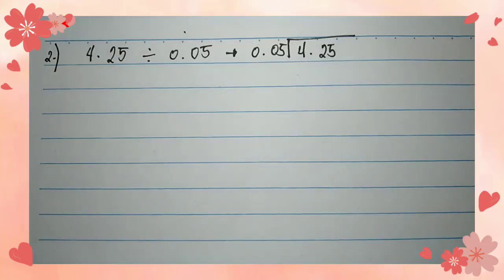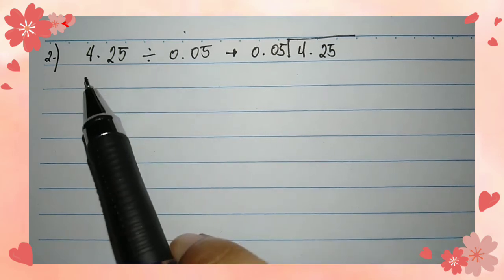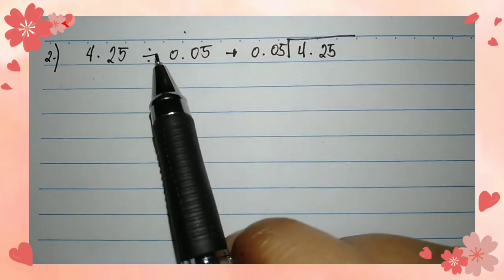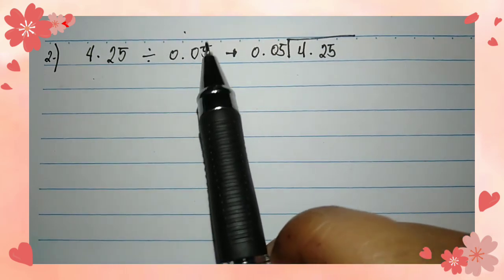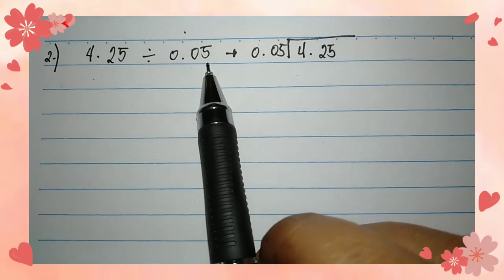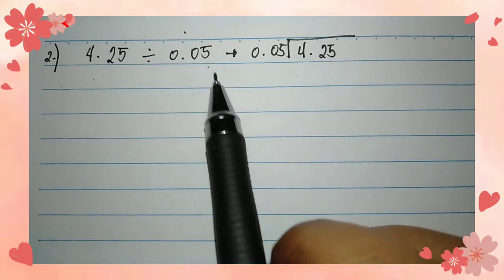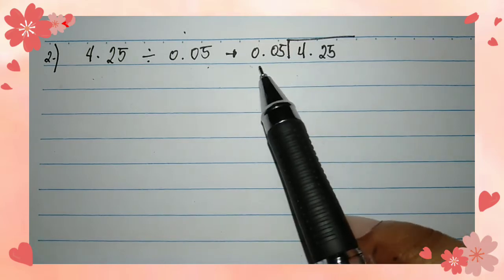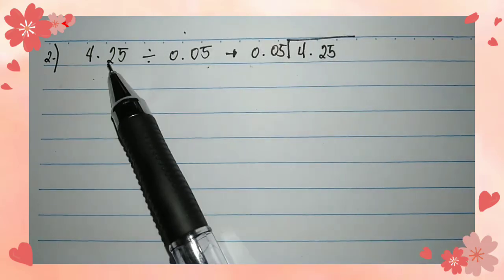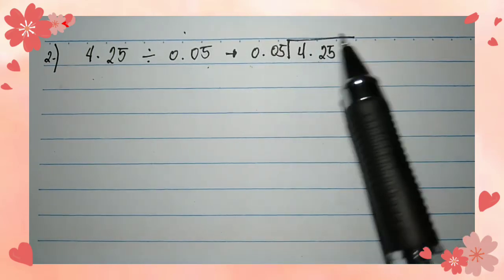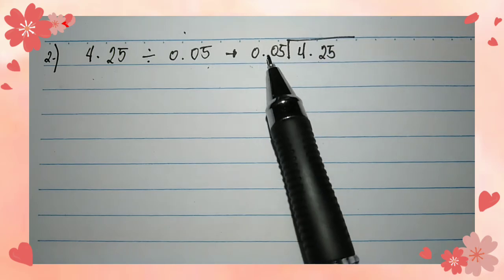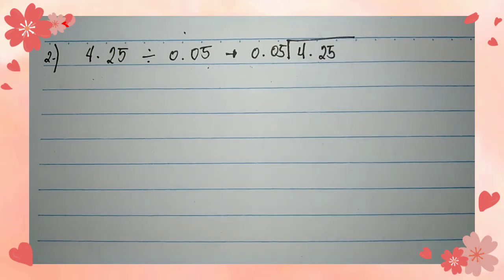For our last example in dividing decimals by another decimals, we have 4.25 divided by 0.5 hundredths or 0.05. So the next thing to do is to put it like this. So we have 4.25 divided by 0.05 or 5 hundredths. Okay?